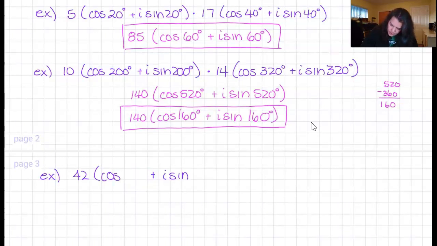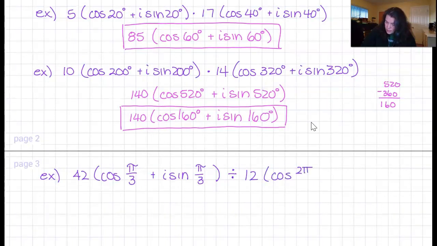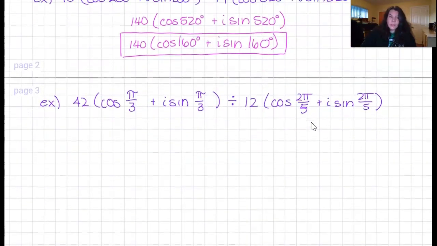I'm going to take that away and say, I don't know, how about pi over 3 plus i sine pi over 3. And we're going to divide by 12 cosine 2 pi over 4. Now I need a common denominator. There we go. Plus i sine 2 pi over 5. All right, not a big deal.